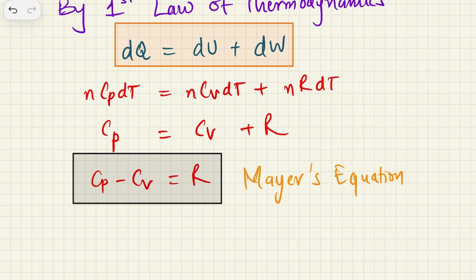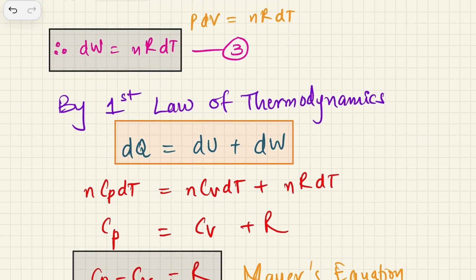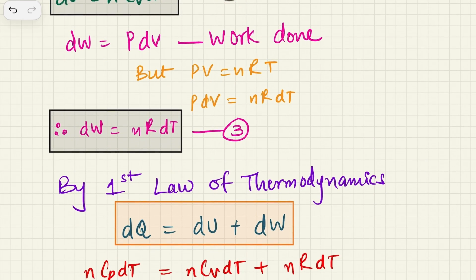So this is a very small derivation. This equation we are going to utilize in finding the specific heats of gases, then gamma of gases, that is the ratio of specific heats, and to explain a few phenomena. In order to derive this, just keep in mind that we are supposed to apply the first law of thermodynamics, dq is equal to du plus dw.